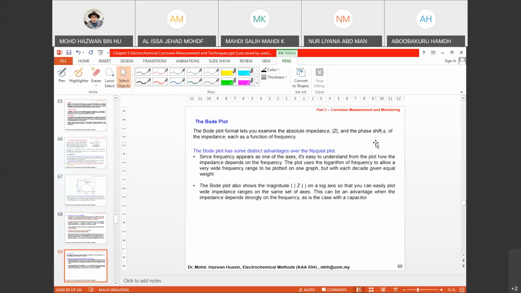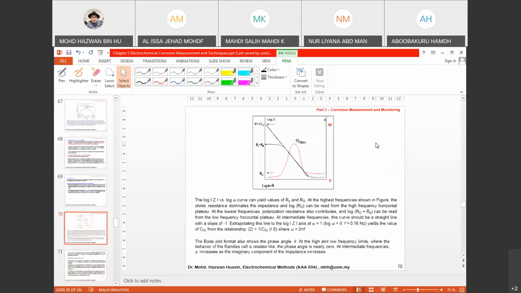This can be an advantage when the impedance depends strongly on the frequency, as in the case of a capacitor. All right. So for the Bode plot, this is what you will expect. You can actually see how the pattern of resistance and capacitance looks like.